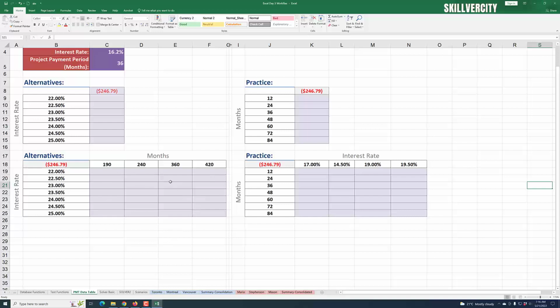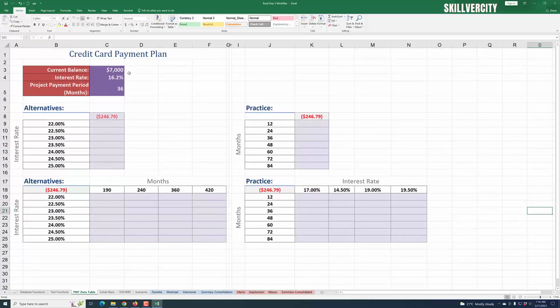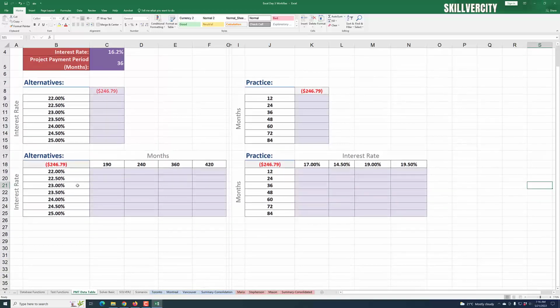What happens then if we stretch our payment within this period at this specific interest rate? If we stretch our payment for our $7,000 credit card balance at 22% for 190 months, 240 months, 360 months, or 420 months, how much are we going to be paying? I hope that's clear enough.